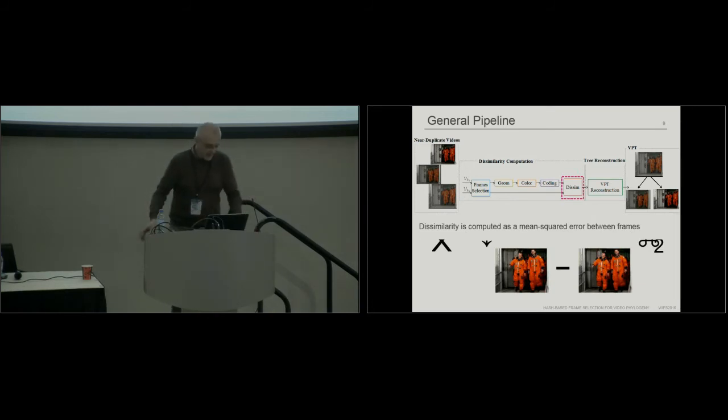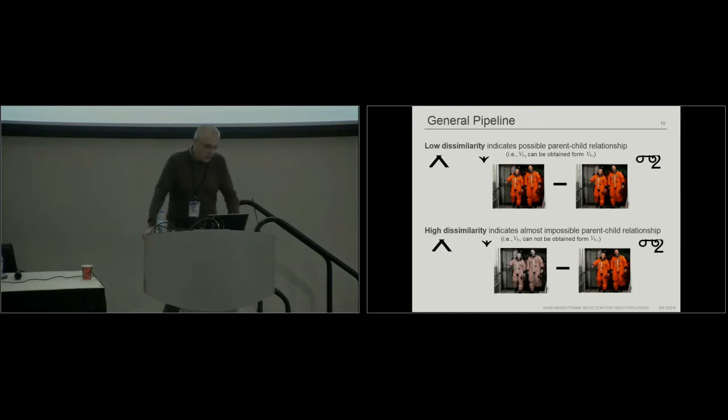In any case, the step after this transformation of the keyframes of one video onto the keyframes of the other video is the evaluation of the mean square error between each of these keyframes. And the result of this mean square error is directly an indication of the dissimilarity between the two videos that we are considering.